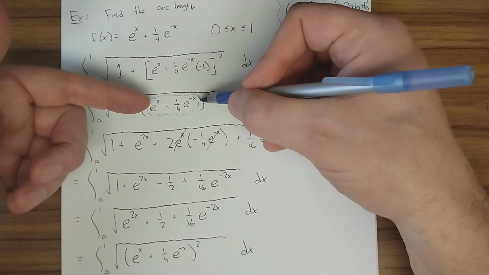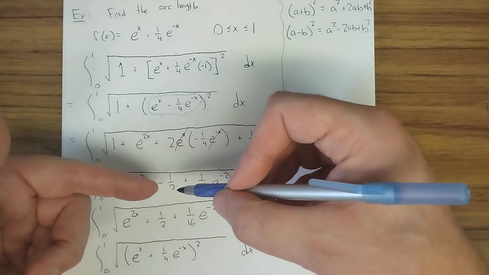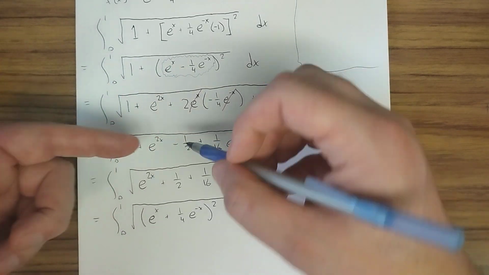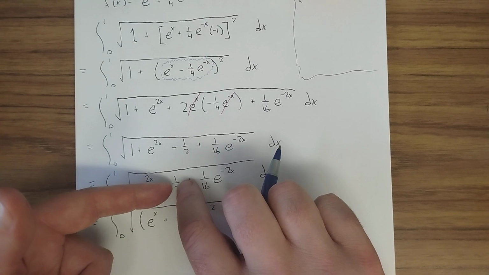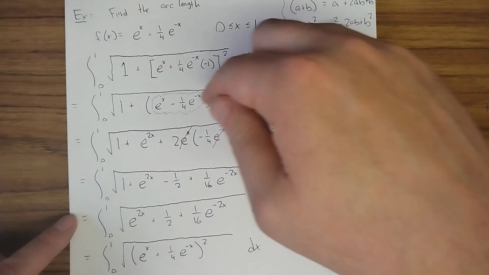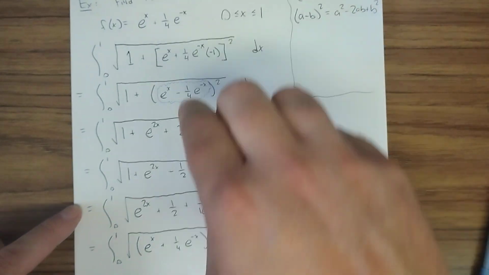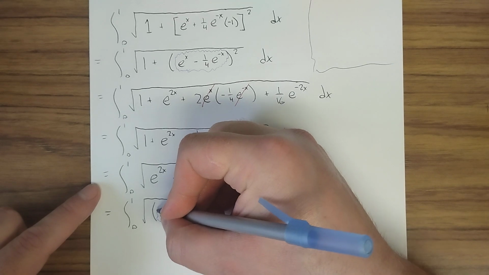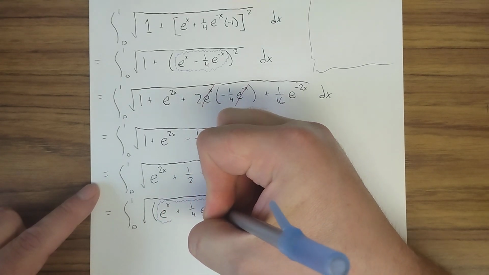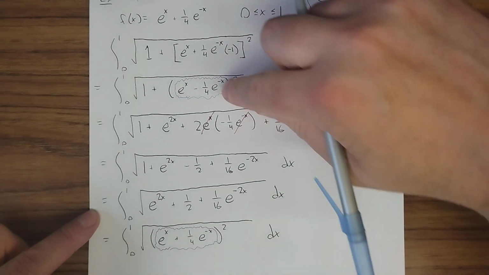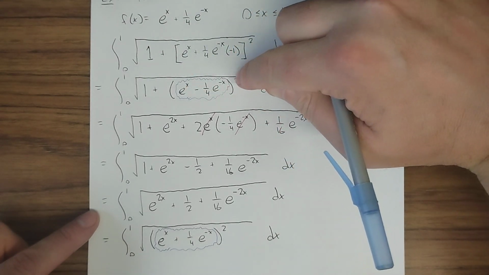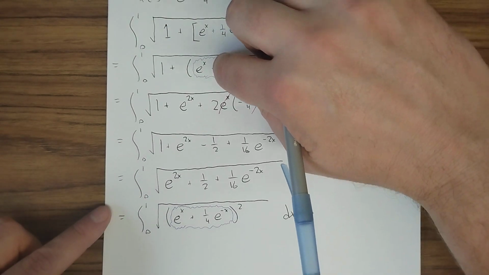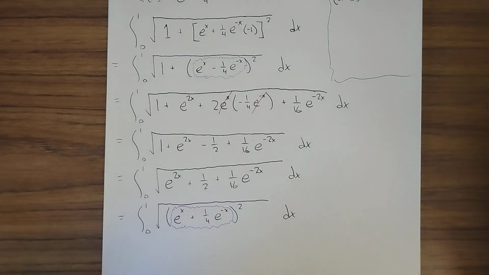So if when I square this out, it has a minus a half in the middle, and then I change that minus a half to a plus a half in the middle, then instead of being a minus b squared, it's now a plus b squared. So instead of being like this, a minus b squared, it's now like this, a plus b squared. All that's different is that this was a minus and now it's a plus.